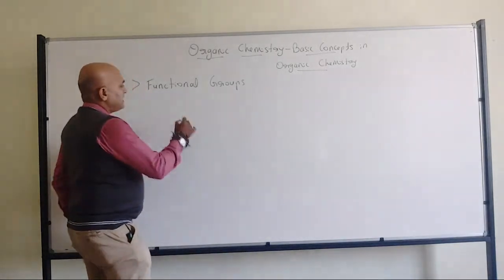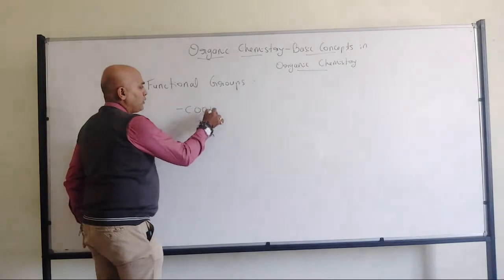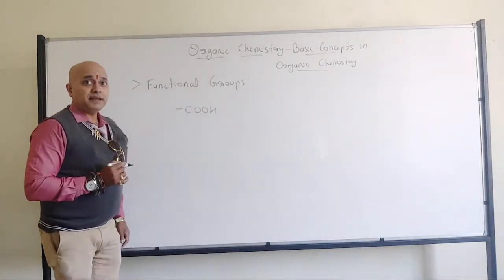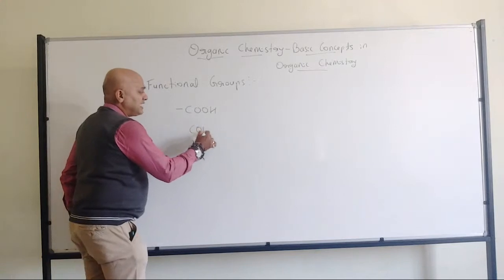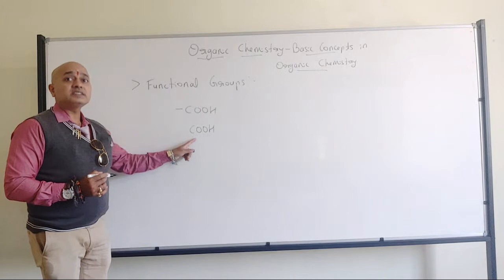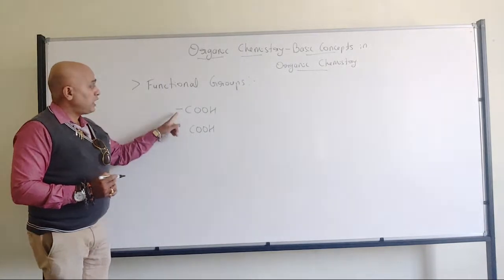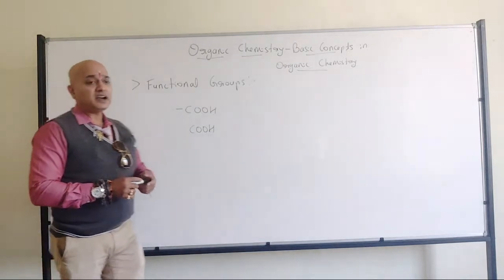Now if you remember, in the last class we discussed COOH. Observe carefully: many students will write the structure of the carboxyl group like this. This is not acceptable. You have to show one line, because a carboxyl group will not be present alone.